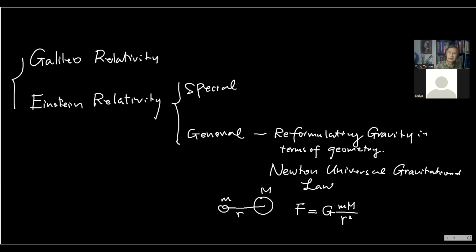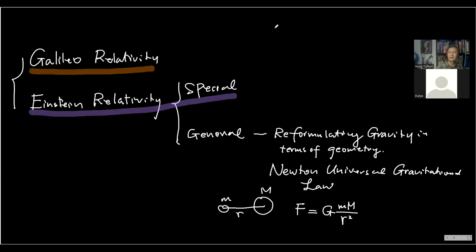One moment, that is recording. Okay, so basically we're trying to compare Einstein's special relativity and Galileo's relativity. Talking about relativity, basically we are talking about two frames of reference.